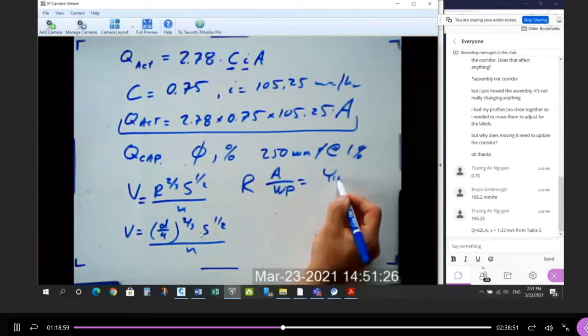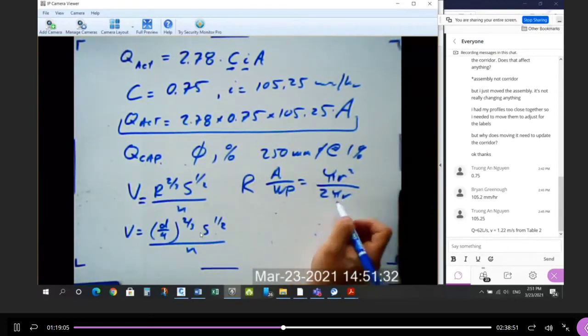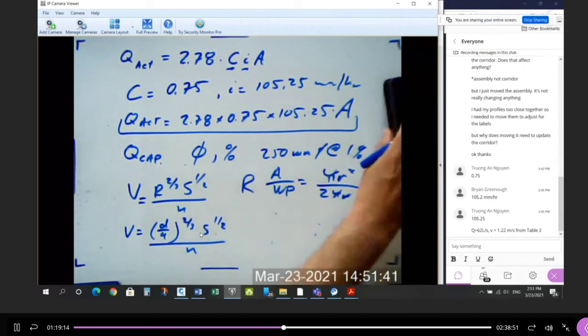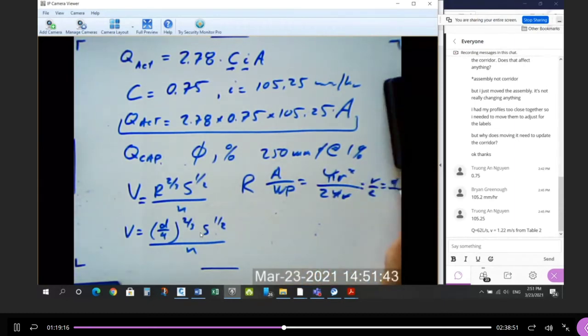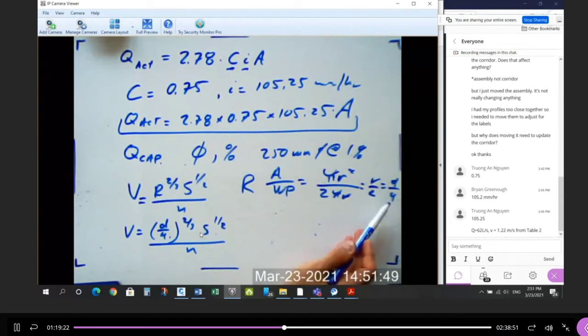So the area of a circle is pi r squared, and the wetted perimeter is the circumference, 2 pi r. If you cancel everything, you'll get r divided by 2, which is the same as d over 4, the diameter over 4. And that's what I put in here. Diameter divided by 4.